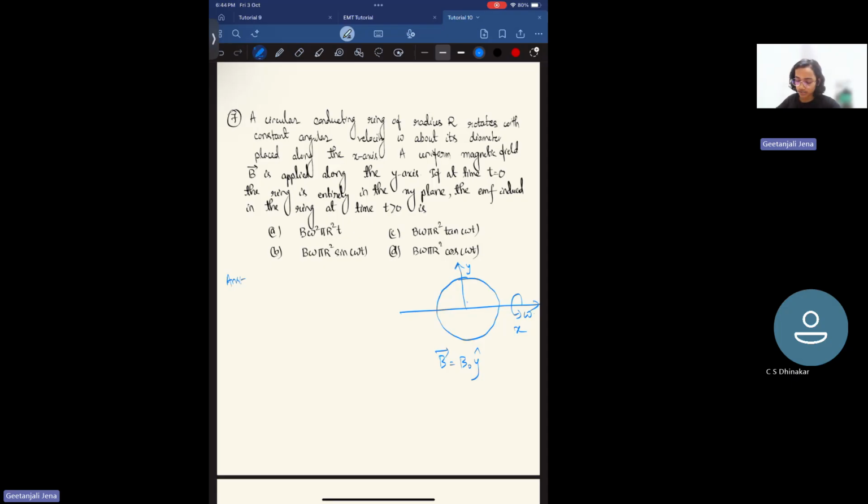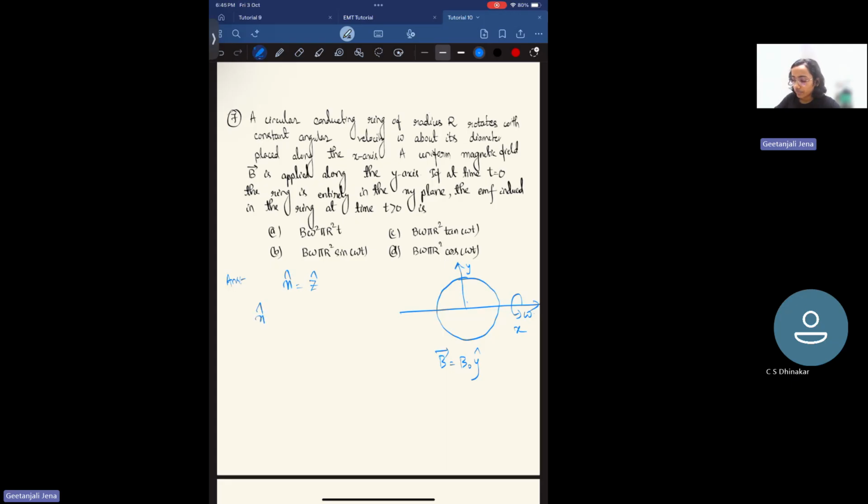It's given that at time t equal to 0, it is completely in the xy plane. That means n cap, the unit vector along the area vector of this circle, is along the ẑ direction. So n cap is ẑ. And when you rotate it about the x-axis by an angle theta, which we can write as omega t, n cap will change. It will have a component along the z direction as well as along the y direction.